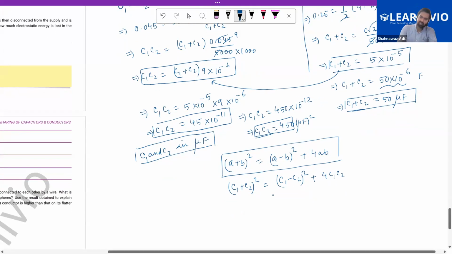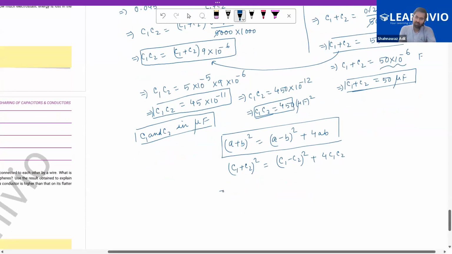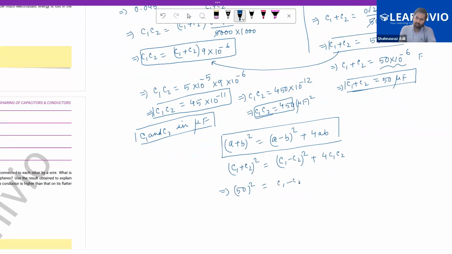So what would be this thing? C1 plus C2 square, that is 50 square, and then C1 minus C2 square, and plus 4 into C1 C2 is 450. So this is 2500. This is C1 minus C2 square, and this is 900.